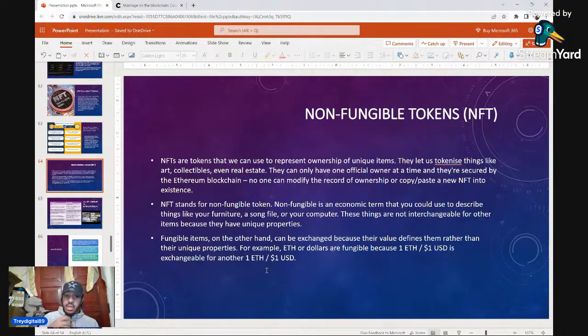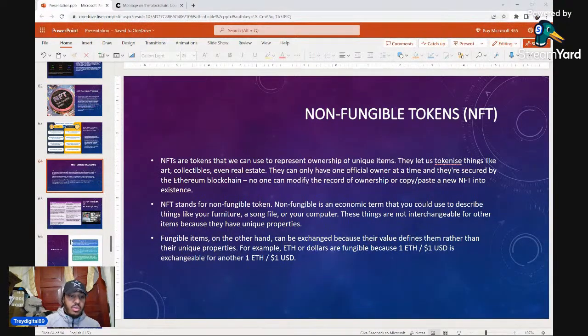You can put that on a blockchain as well. Fungible items, on the other hand, can be exchanged because their value defines them rather than unique properties. For example, ETH or dollars are fungible, because one ETH is interchangeable for another one ETH, or one dollar for another.